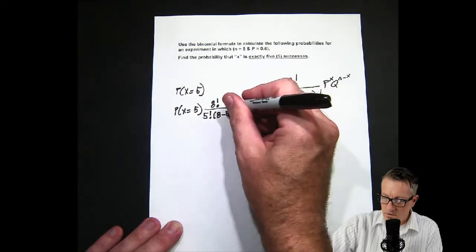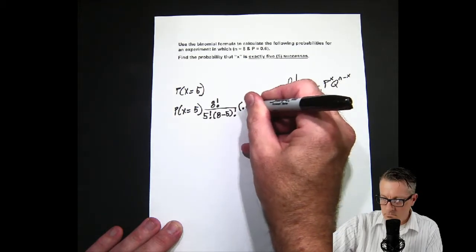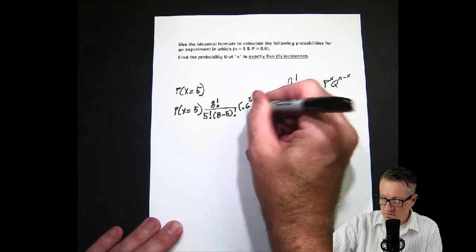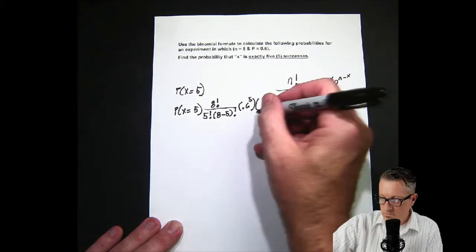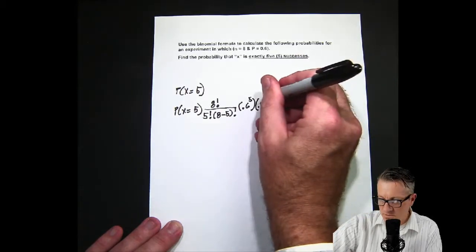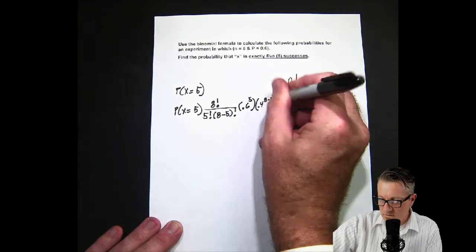And then 0.6 to the 5th multiplied by 0.4. I'm running into the other formula. That's okay. And it's 8 minus 5.